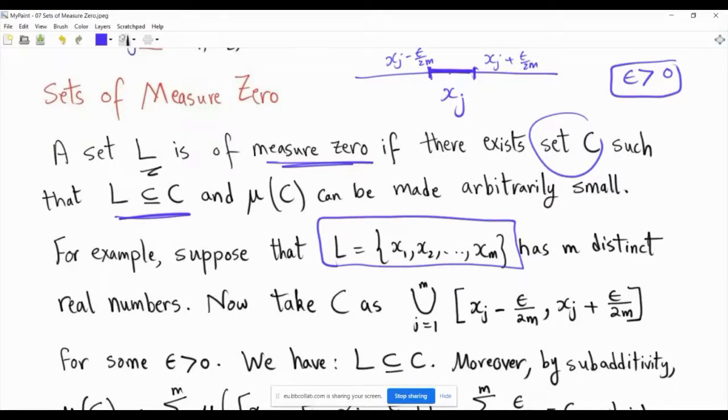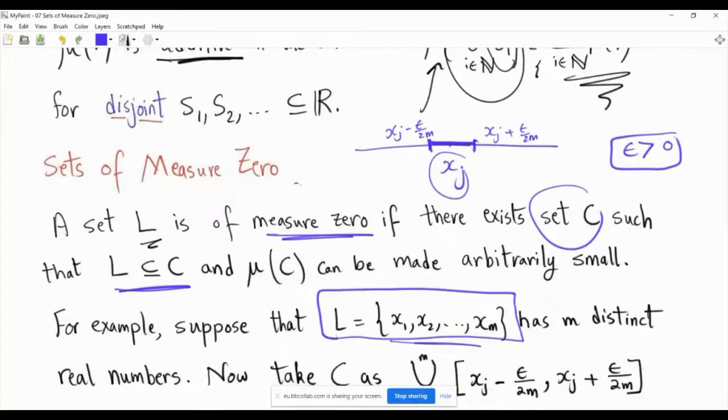If epsilon is a positive real number, then if you divide it by 2m, where m is the number of points in this set, you still get a positive number. So xj is definitely in the interval from xj minus epsilon over 2m to xj plus epsilon over 2m.